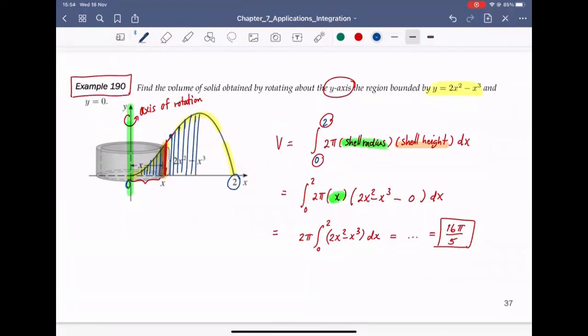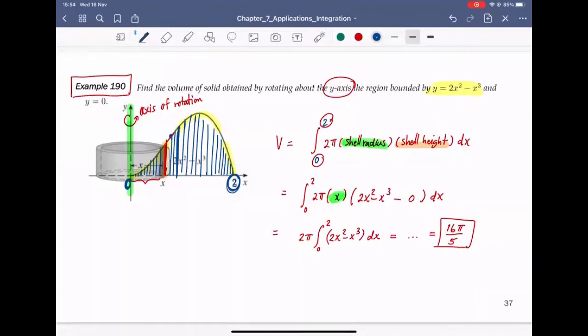Because for each x value here, you're going to get one cylinder, and then you sum the cylinders all together. So we have to figure out what the region is and which x values we draw the vertical line with respect to, which is from 0 to 2 here. It is given for this question. You do not need to find the point of intersection.